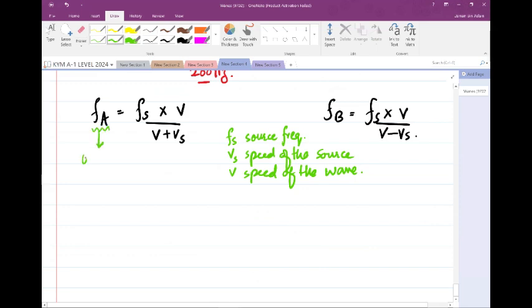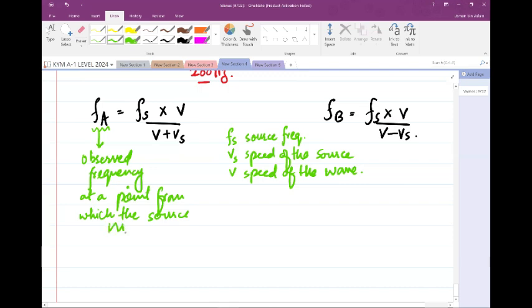Fa is the observed frequency at a point from which the source is moving away. And FB is going to be the frequency observed at a point towards which the source is moving.